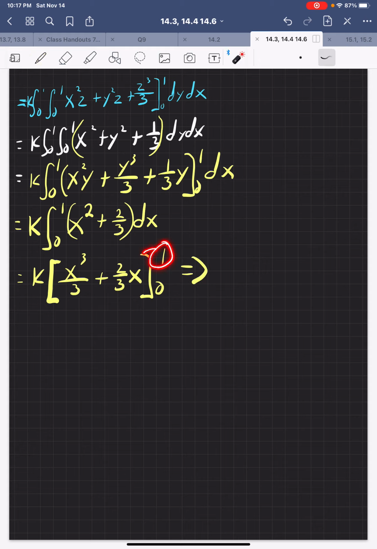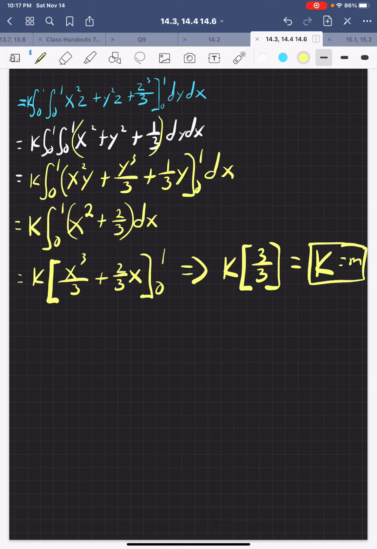And what you're going to see is if you plug 1 in here for this x, you'll get 2/3. If you plug 1 in here, you'll get 1/3. So you have 1/3 plus 2/3. In other words, you have 3/3 or 1. So that is your mass.